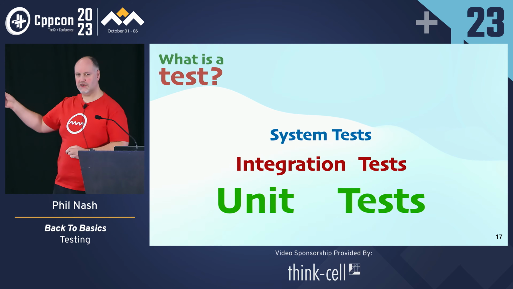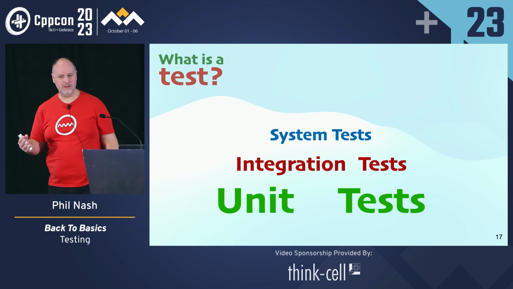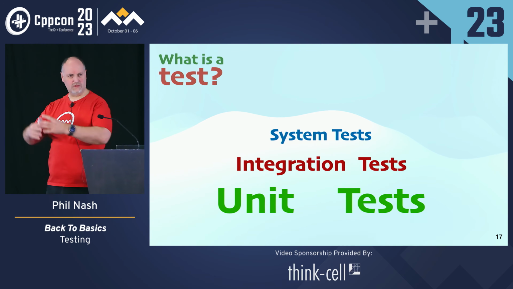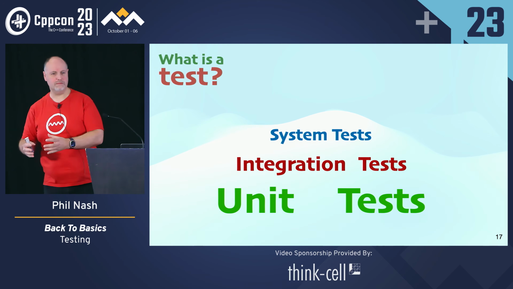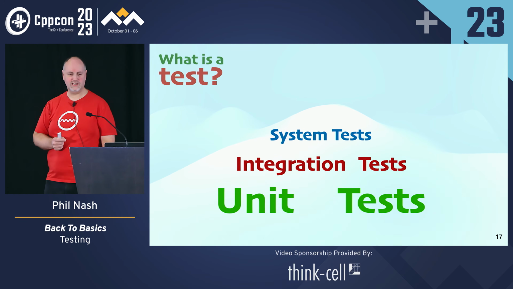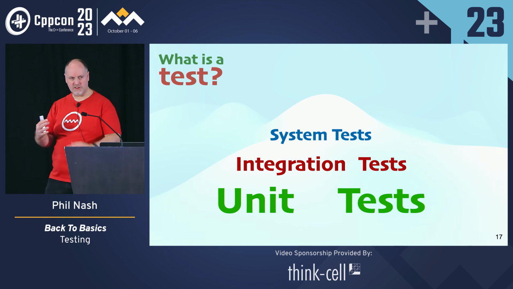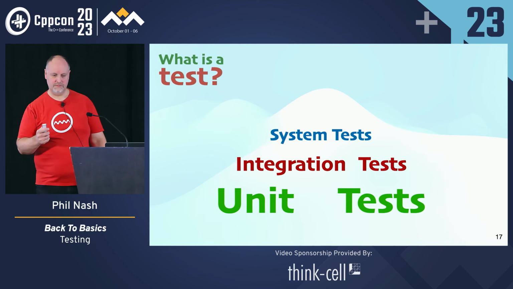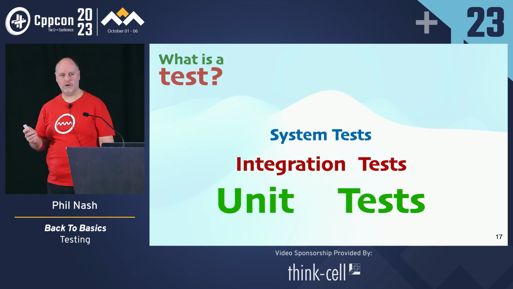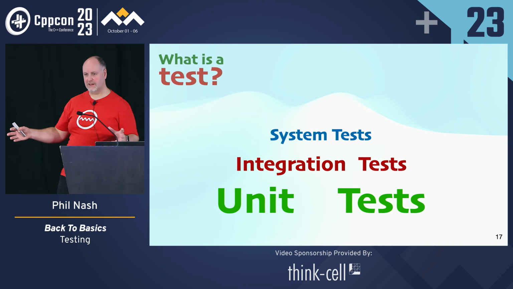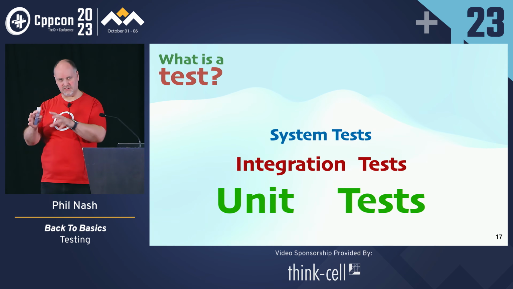Then we have integration tests, which are somewhat similar. They may exercise more parts of your system, have more things working together, but they look very similar to unit tests. And the system tests, at the top there, they're more like the end-to-end tests. Again, these are categories of tests, not specific tests.